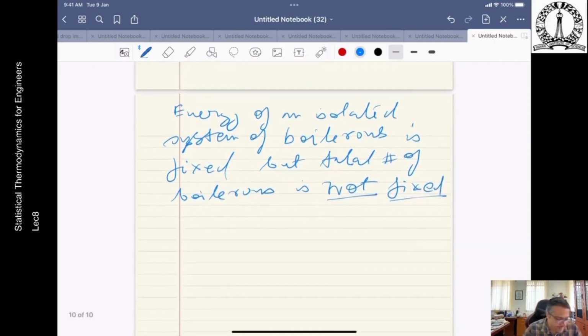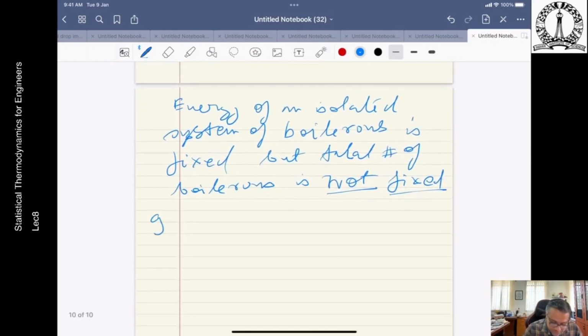Okay, and of course your Gj is much greater than your Nj. And of course your beta is therefore 1 over kT.